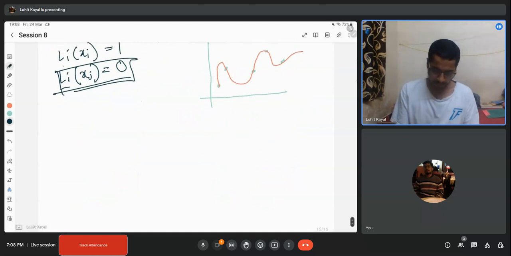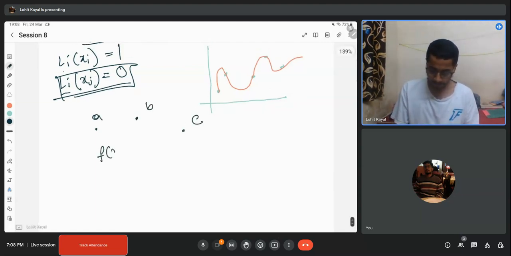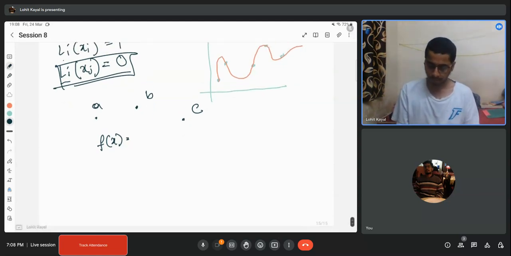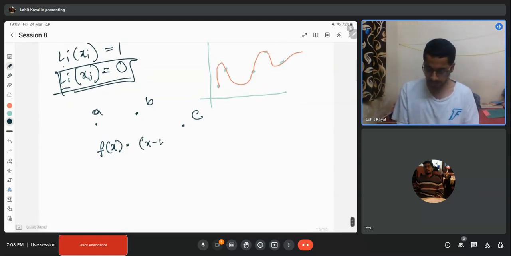To say it simply, suppose I have three data points A, B, C, and I want a polynomial which is 0 at B and C, but 1 at x equal to A. What can be the choice? One obvious choice is (x minus b) into (x minus c). See that f of b is equal to 0 and f of c is equal to 0.